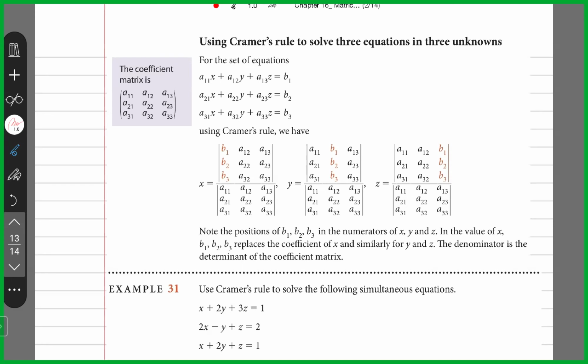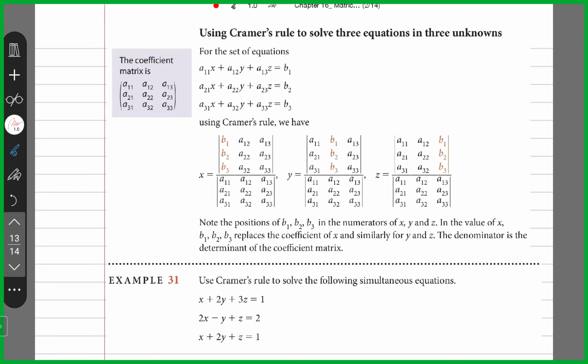For y, replacing the coefficients of y by b1, b2, b3, dividing by the determinant of the coefficient matrix. And for z, replacing the coefficients of z by b1, b2, b3, dividing by the determinant of the coefficient matrix. All right, with that in mind, let's do 31.